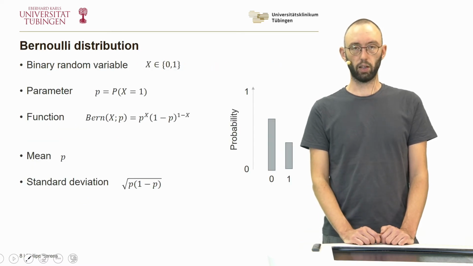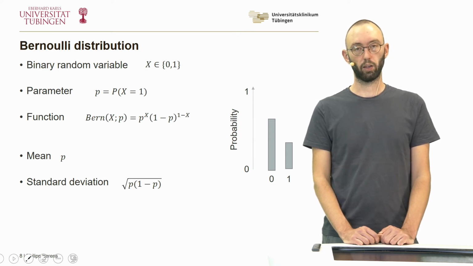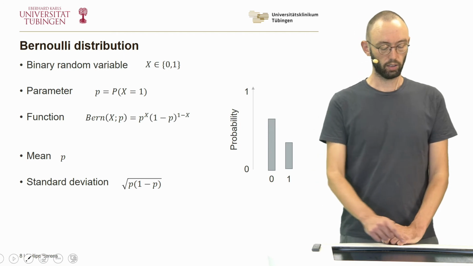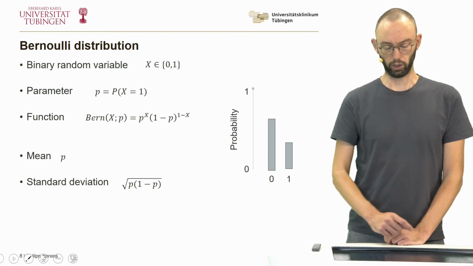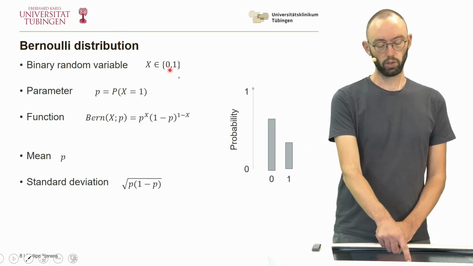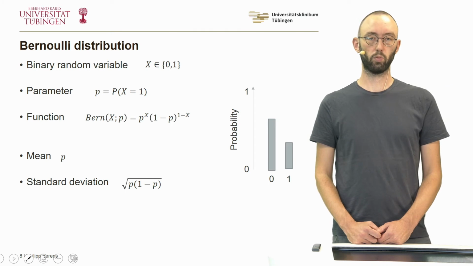Now we can actually look at probability distributions for certain kinds of data. In this video, we will only cover 2 distributions that apply to discrete data. In the next video, we will talk also about a probability distribution for continuous data. In this case, we have a binary random variable, for example, like in a coin toss, where the possible values that this random variable can take are either 1 or 0.